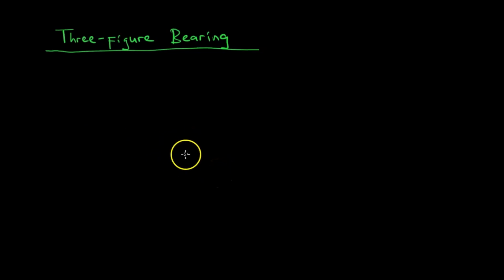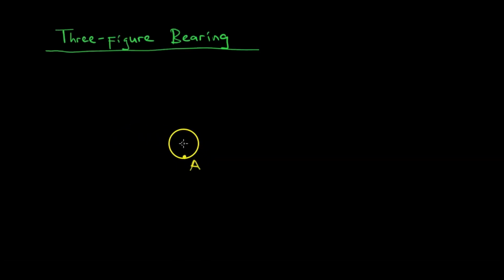We have a point A. This is the point A. Let us assume that you are standing at A. A is going to be our starting point, our reference point. Assume you are standing at A, holding a compass.